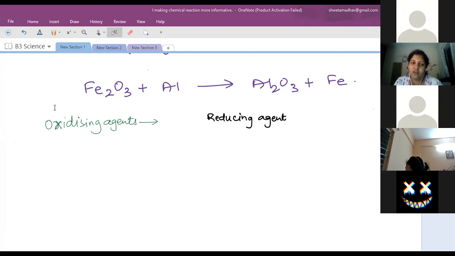Like that here, oxidizing agent means the agent here is a substance. It can be an element or a compound which helps in the process of oxidation. See this reaction: Fe2O3 plus Al forms Al2O3 plus Fe. Now here, which substance is getting oxidized?